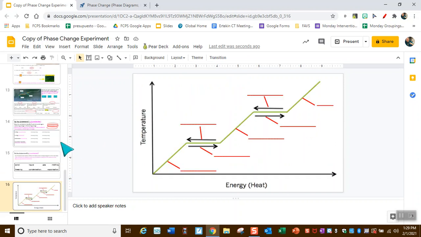So, on the next slide, you have a blank phase change diagram. You need to be able to identify each part of this diagram. Tendrás que poder identificar cada parte de ese diagrama de cambio de fase.